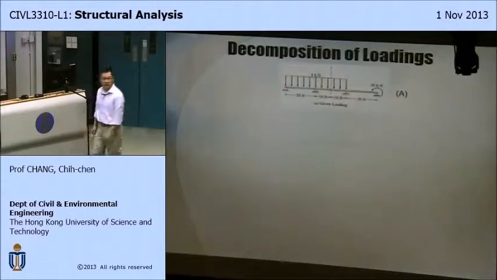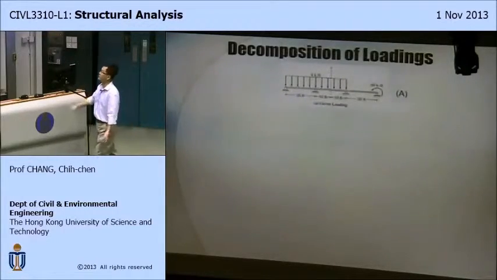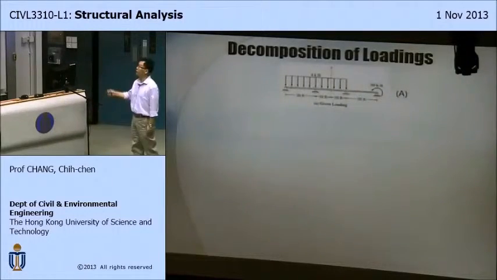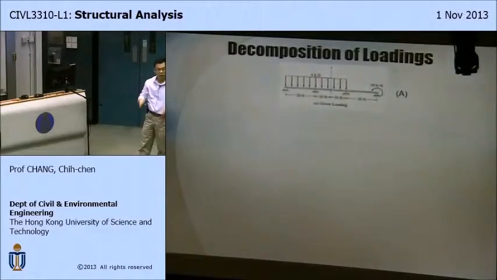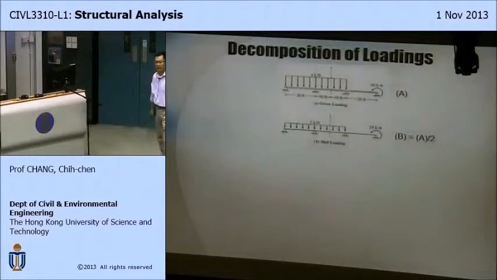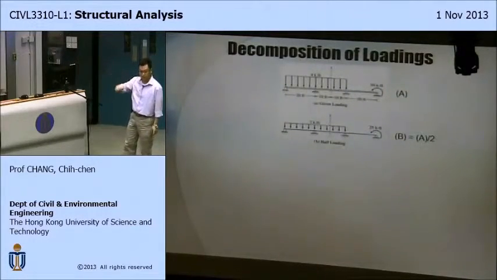So let me show you how you can do this. This is obviously none. It's not symmetrical, not anti-symmetrical. So how do I decompose this into summations of symmetrical plus anti-symmetrical? I first divide the loading magnitude by 2. Scale everything by 2.